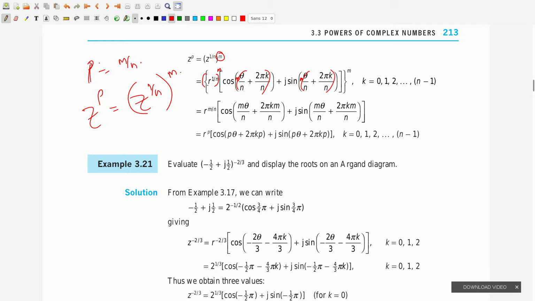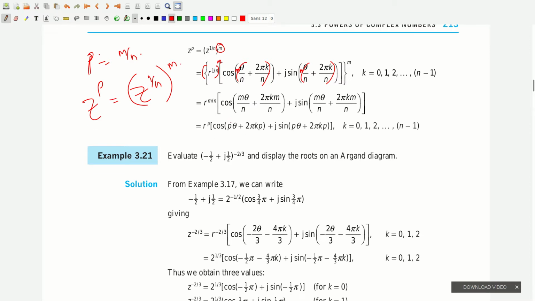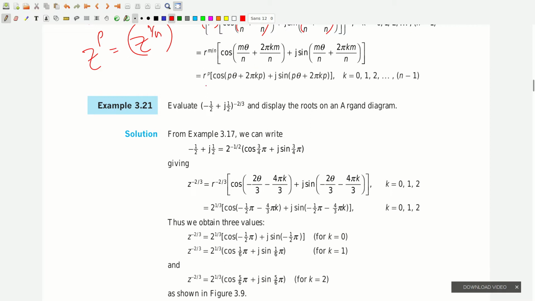So we have r to the power m over n, then cos of m theta over n plus 2 pi k m over n, plus j sine of the same. And because m over n is p, we can write p theta, and then the rest is just the same.